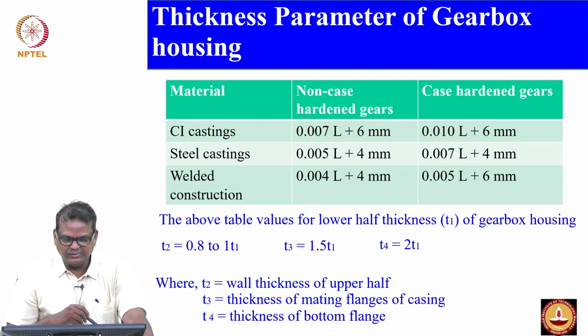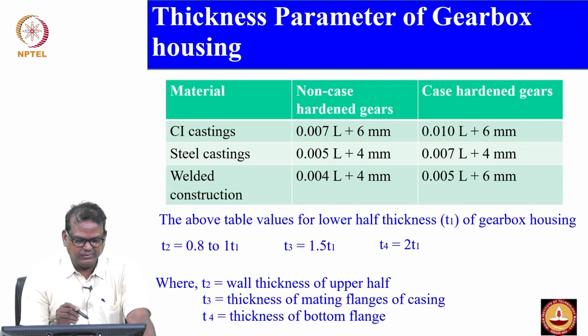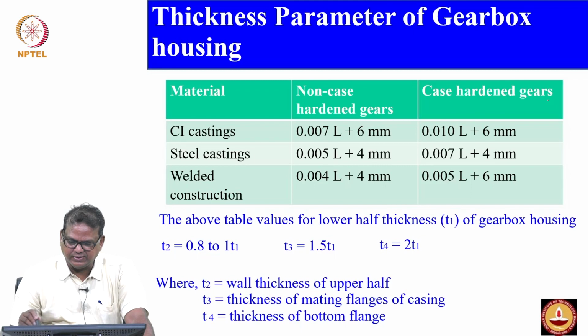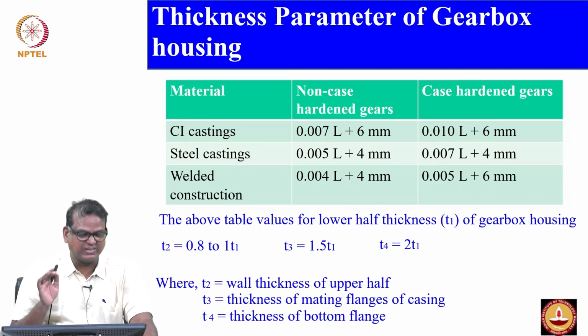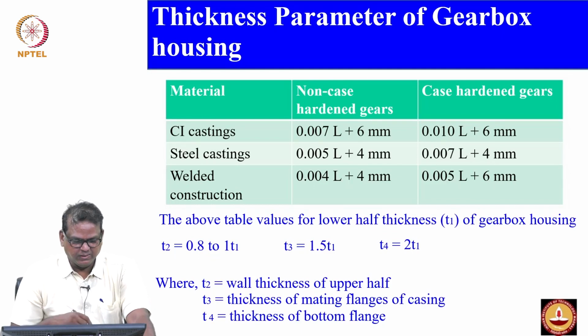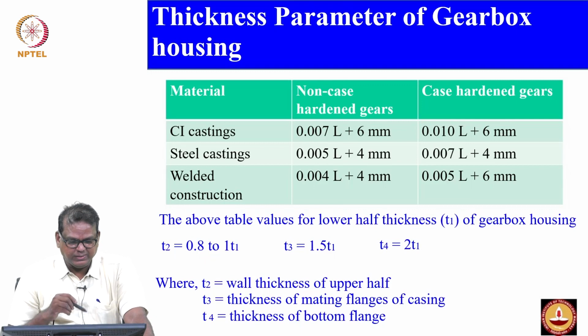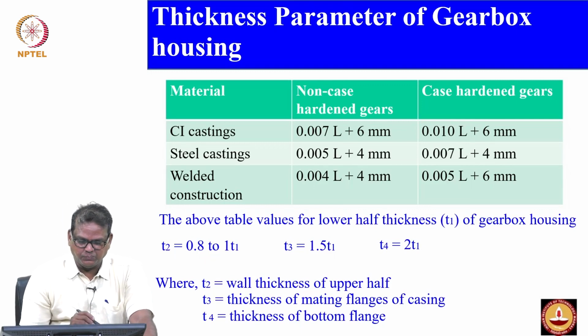You can see the casing here, right. This again depends on non-case hardened gears and case hardened gears. This is just a guideline, it can be variable, right. And if you have a good welded steel construction and steel casing, your thickness will be reduced.